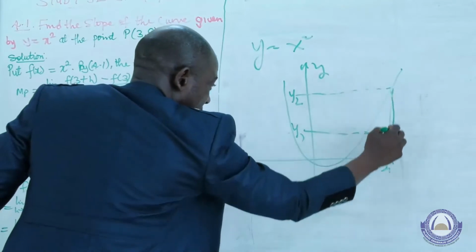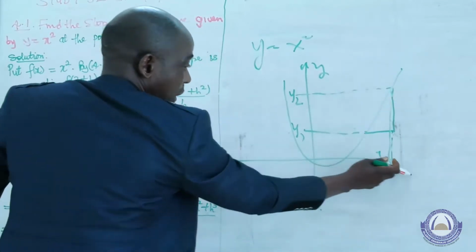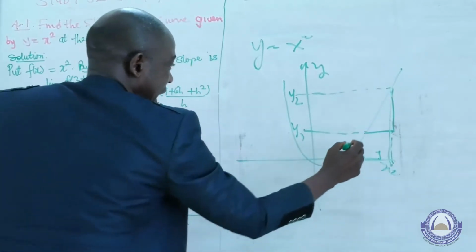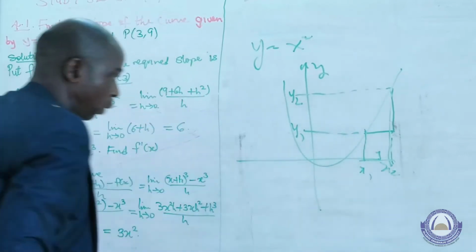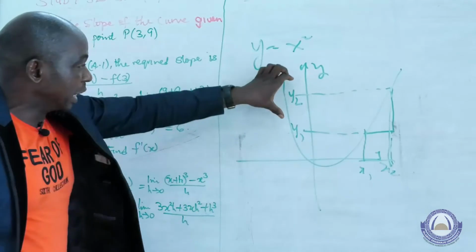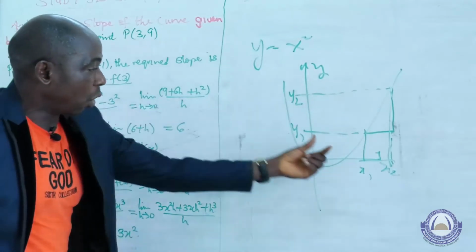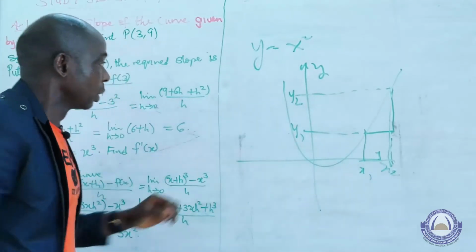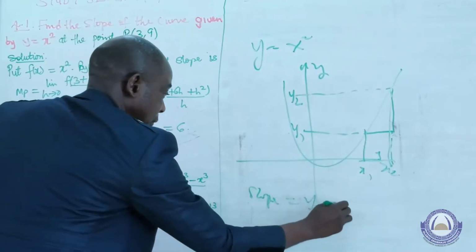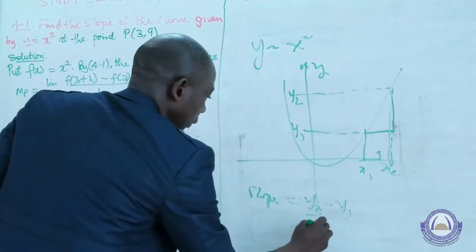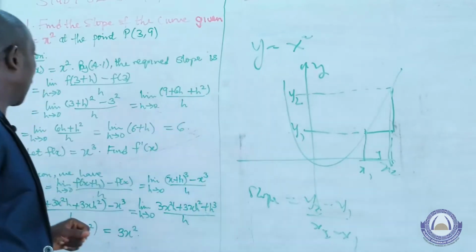Then the upper limit of x along the x-axis is x2, and the lower limit is x1. So the slope is the increase in the y-axis over the increase in the x-axis. So we have slope equals y2 minus y1 over x2 minus x1.